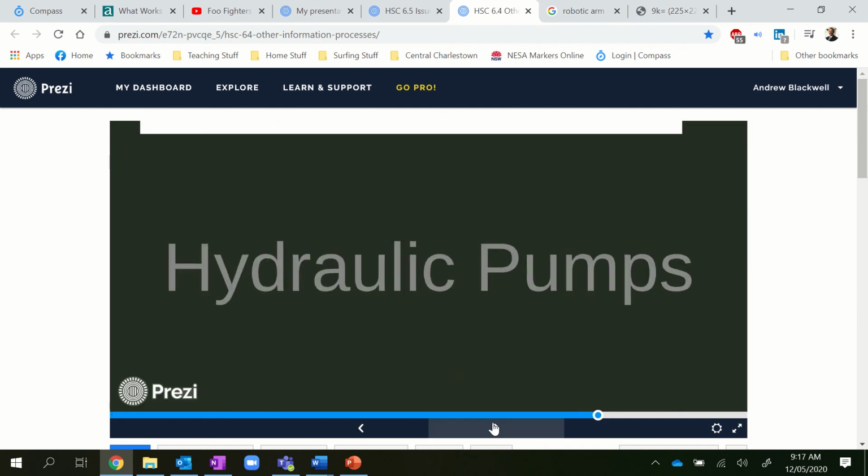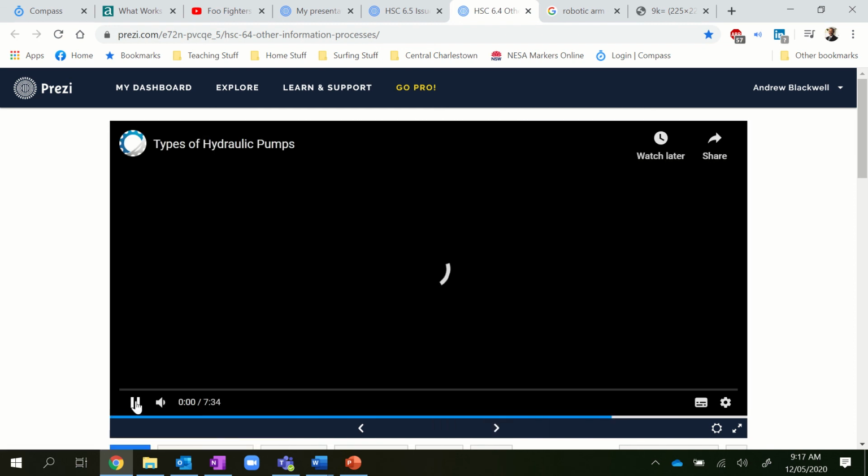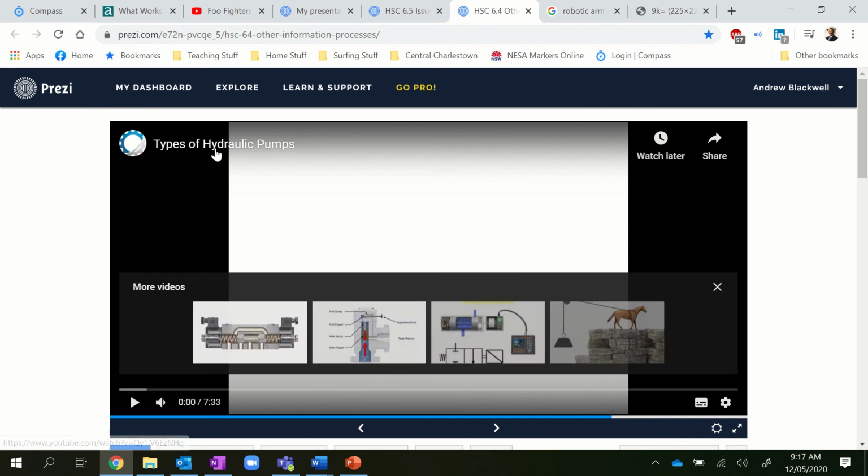Then, of course, we have hydraulic pumps, and I've got a video here which explains all the different types of hydraulic pumps. Hydraulics means liquid, and pumps, obviously, it's going to pump liquid some way. Now, one important thing that you need to know about hydraulics is the reason that we use it is because liquid is very hard to compress.